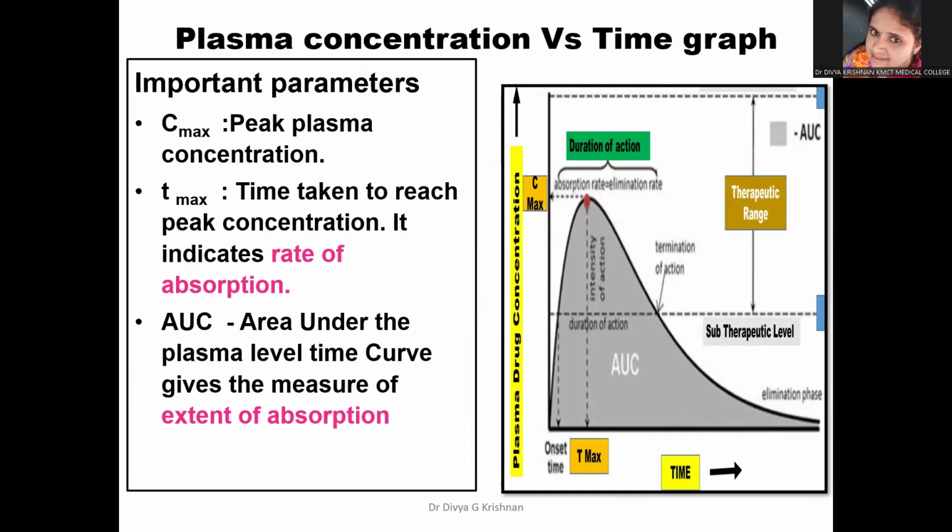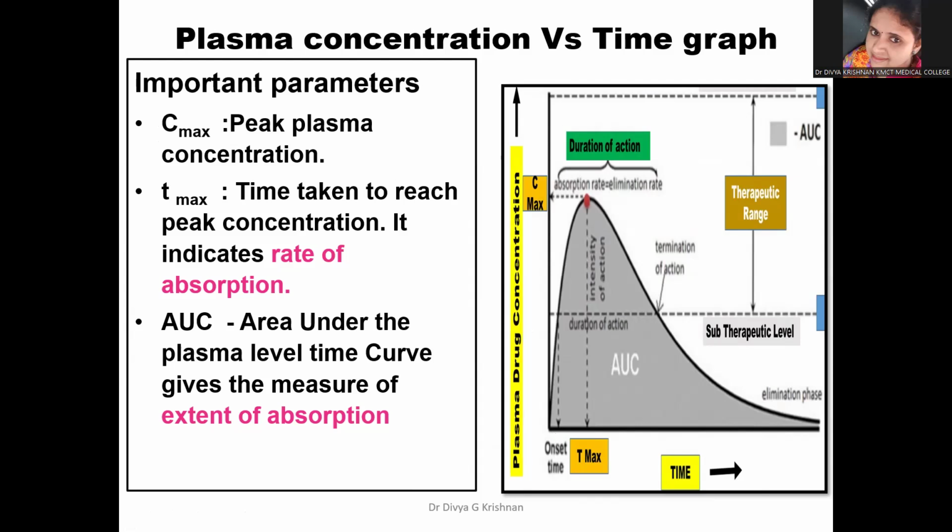Now, this is what I was talking about earlier. That is the plasma concentration versus time curve. You can see that we are plotting a graph where the plasma concentration is on the y-axis and the time is on the x-axis. At 0 time, the plasma concentration of the drug will be 0 because we have not administered any drug.